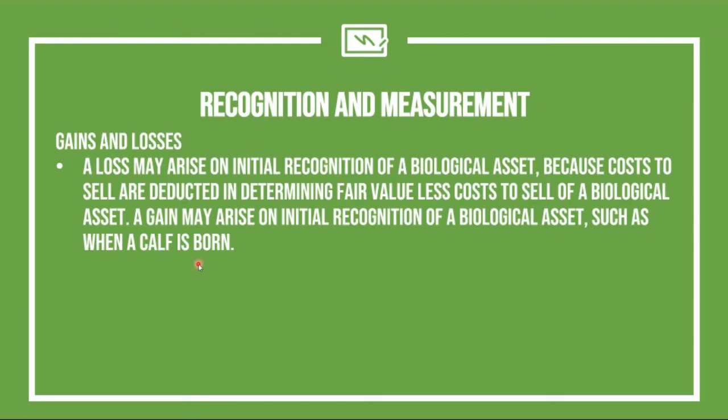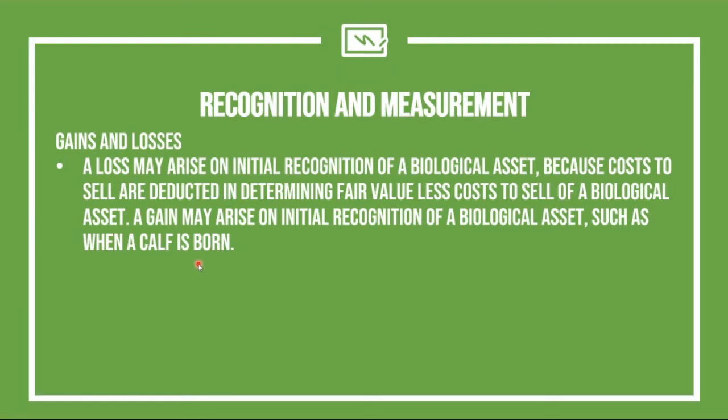So meaning the value in the market, if you will sell it eventually, is going to be lower. So you are going to recognize a loss from the degeneration of the quality of that particular mother pig. Okay? So that's basically how it works.